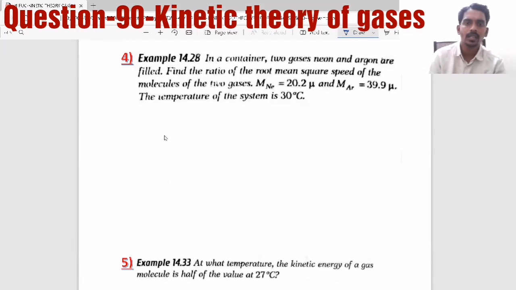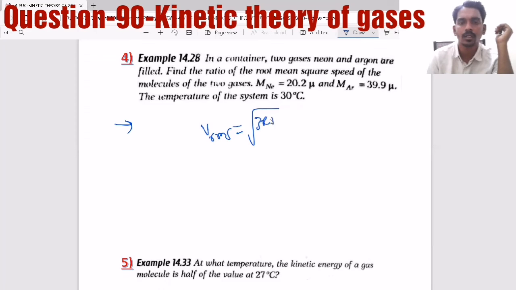Next, in a container, two gases, neon and argon, are filled. Find the ratio of root mean square speed of the molecules of the two gases. See, root mean square speed means under root 3RT by M, at the temperature of the system. So temperature is the same, R is constant.